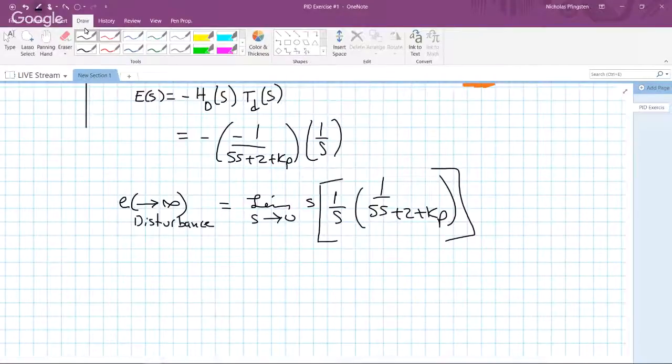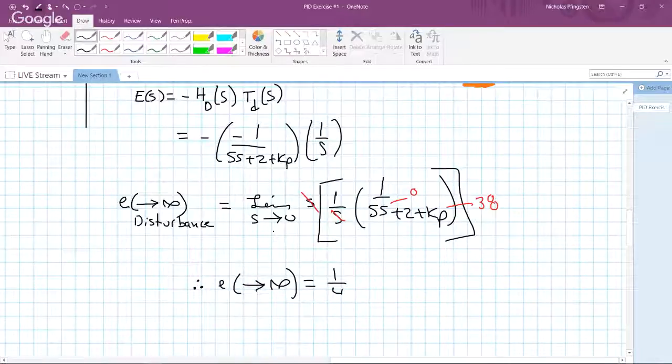So the s's cancel out, and we're going to plug in zeros for s, and we're going to substitute 38 for kp. So what our outcome turns into, which is our answer, is 1 over 40. And that is the answer for that part of the problem.